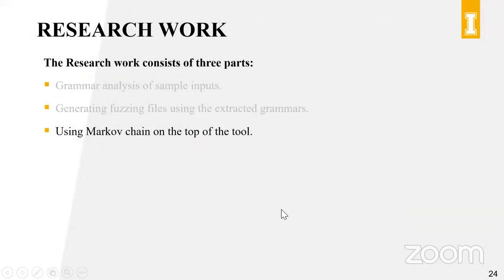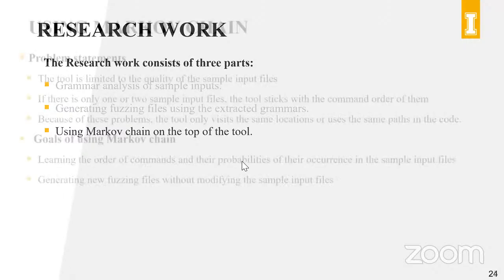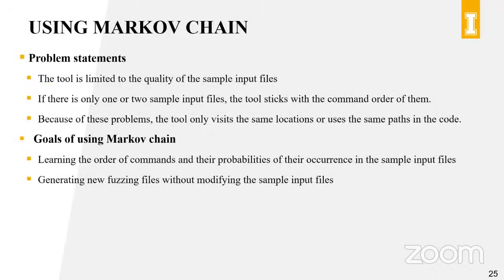Now we are moving to using a Markov chain on top of the tool we created and the previous 2 steps. The problem we found when working on the previous 2 tests is that the tool is limited by the quality of the sample input files.